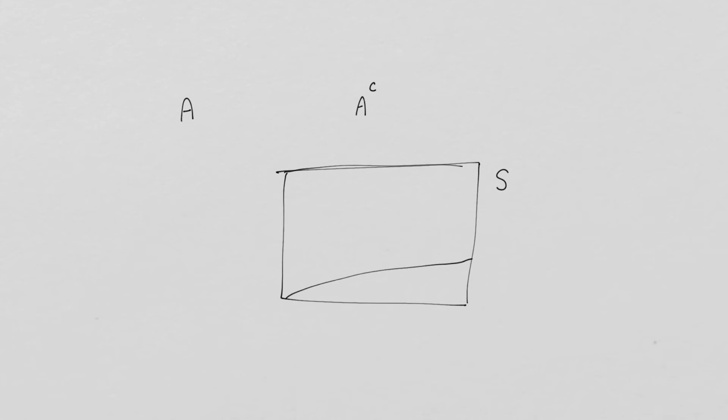The complement means the leftover. So let's say I have my sample space here. This is the whole thing, okay? And let's say this is A in blue. This is A. A complement will be the stuff in green.